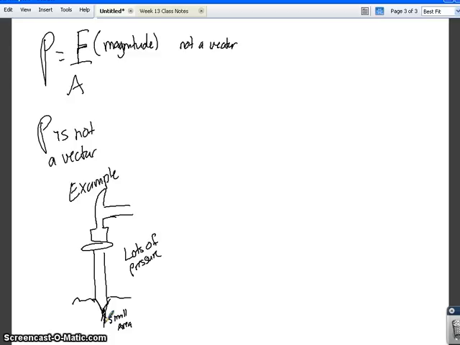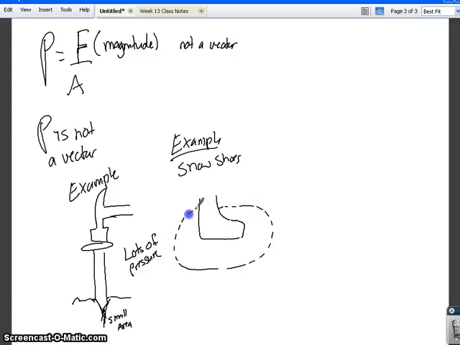And so, for example, let's go on the flip side. Let's do another example: snowshoes. What are snowshoes? If we have our foot right here, snowshoes are pretty much like big tennis rackets. You're sitting on this snowshoe, and there's some sort of netting on it. So what is a snowshoe doing?